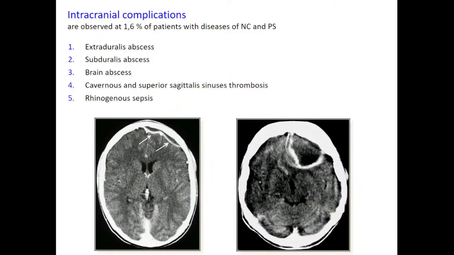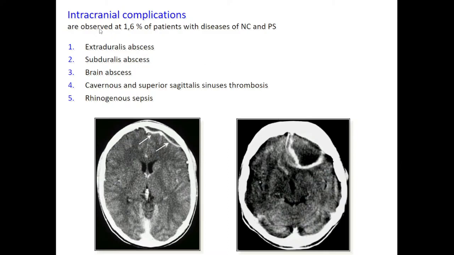Intracranial complications are observed in 1.6% of patients with diseases of nasal cavity and paranasal sinuses. Intracranial complications are divided into extradural abscess. Here it is extradural abscess. No, sorry, it's subdural abscess.